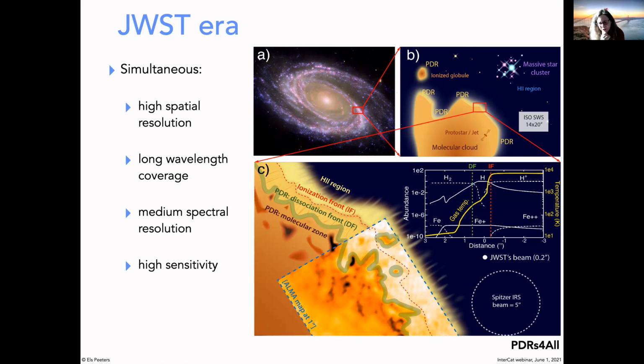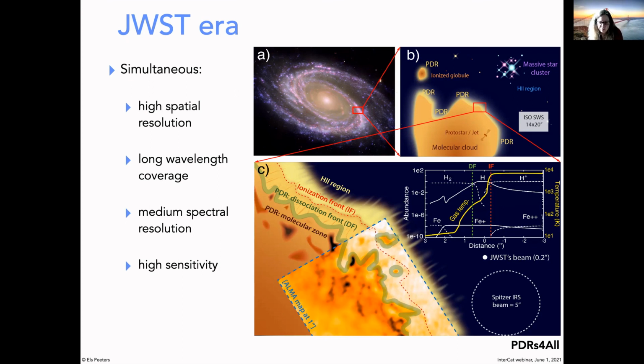where you see the stratification of the PDR, so going from the ionized gas, the H II region, you cross the ionization front, after which your hydrogen becomes neutral. Then you cross the dissociation front, where you have the peak of the molecular hydrogen, and then you go into the molecular zone. And so on the right-hand side of that panel, you see the beam that we had for Spitzer.